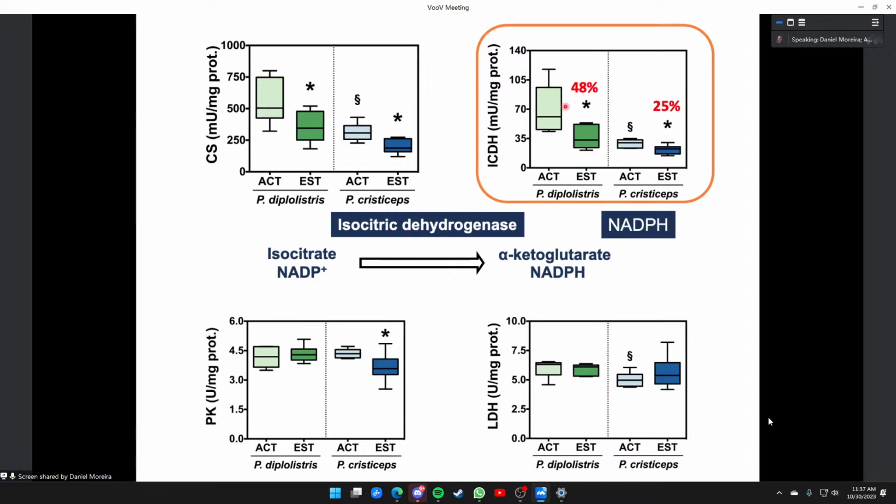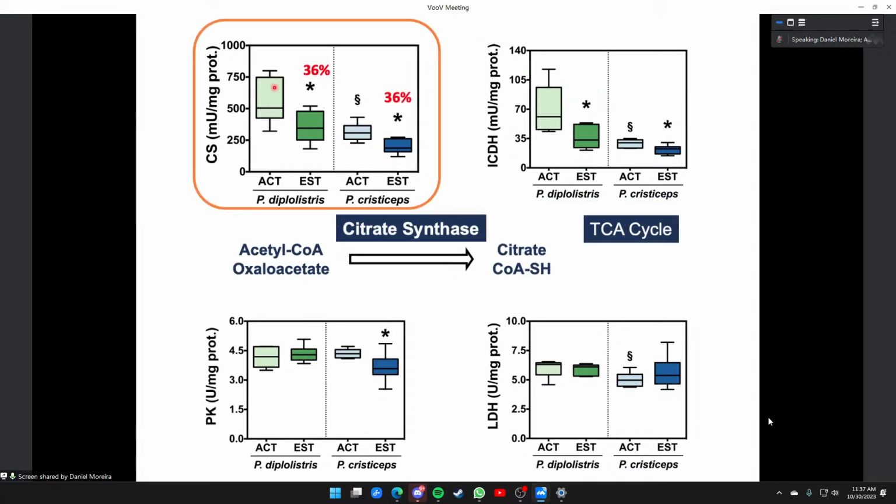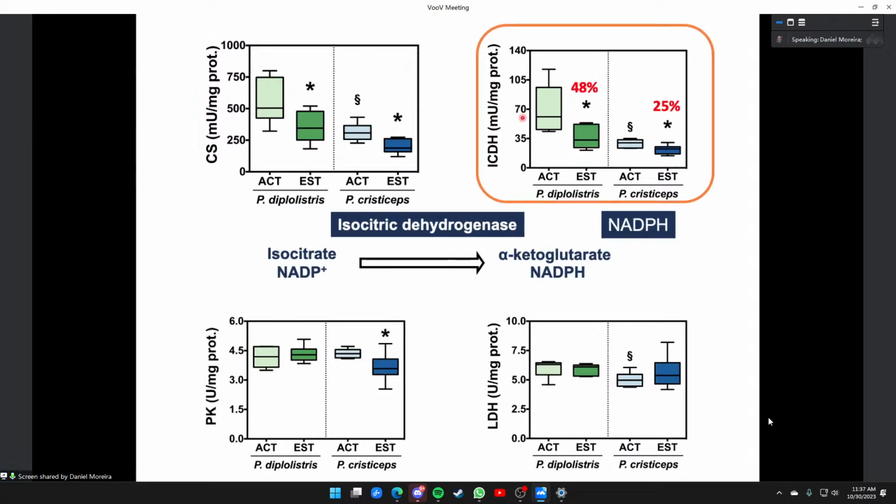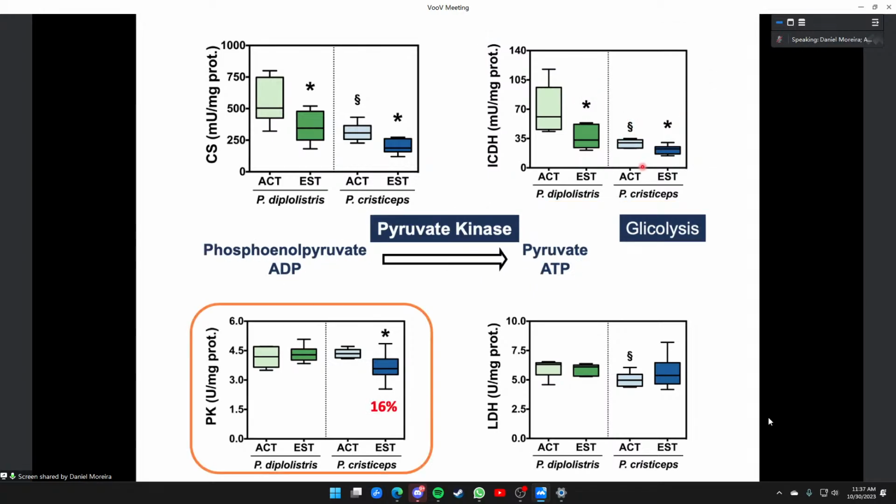And what I forgot to mention is that when we compare active animals from both species, the slower species has a lower activity of both citrate synthase and isocitrate dehydrogenase. We also measured the activity of PK as a marker of glycolysis, and we didn't see much difference, just a slight difference between estivating and active Proceratophrys cristiceps.